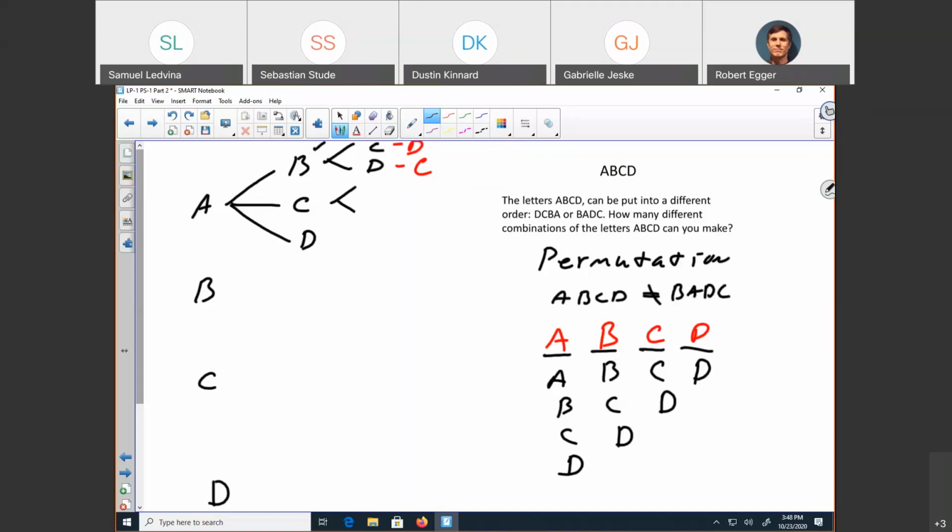It's got to be B, D, and of course D and then B. If I went the AD route, what's left is B, C. So for that first set, I've got six: ABCD, ABDC, ACBD, ACDB, ADBC, and ADCB.